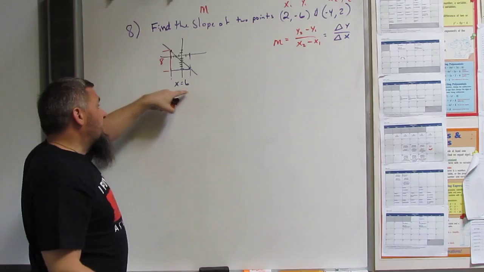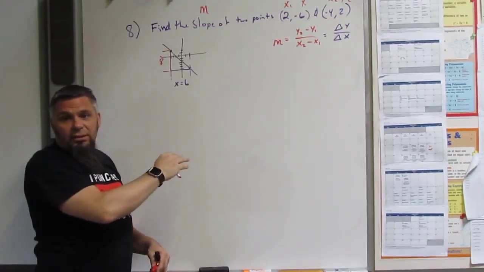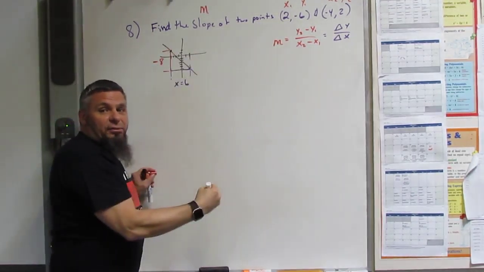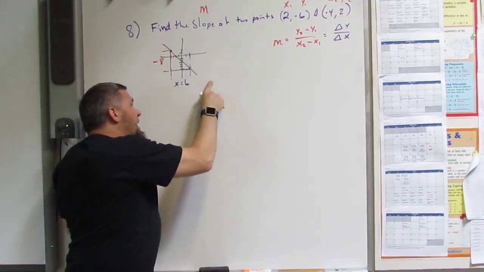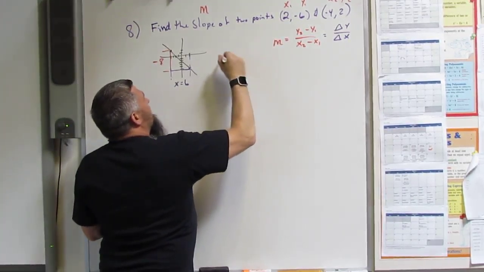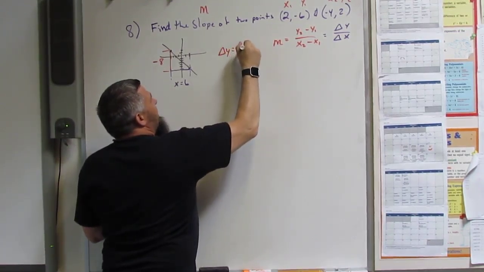of these and this. Now here I'm going down from left to right, right? So this is actually a difference of negative 8 because I'm going down. And I'm going right, so it's a positive 6. So in this case, the difference in y is equal to negative 8.